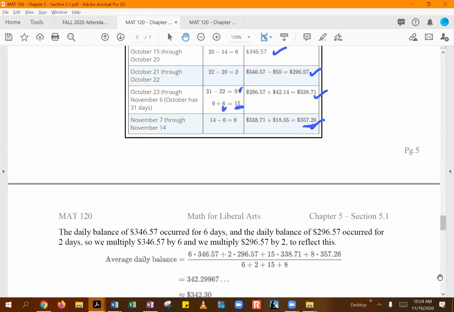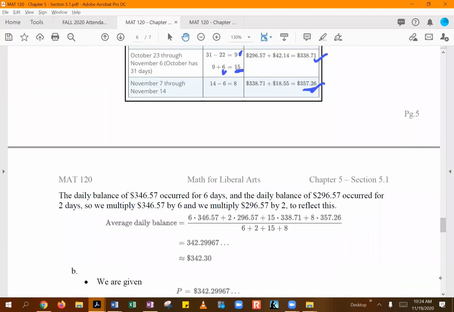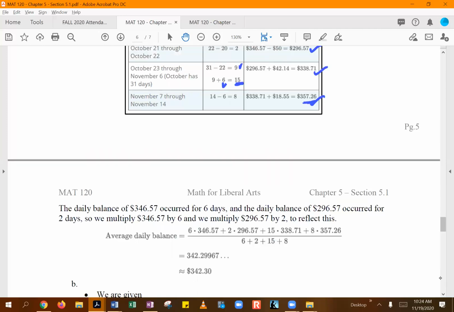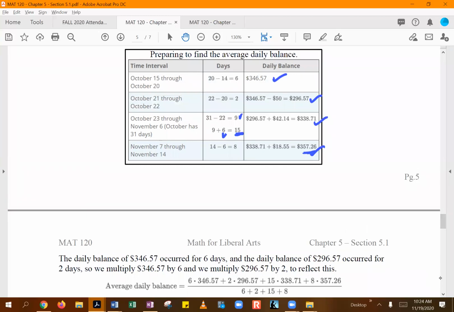Once we have this table completed, we do our weighted average. If you remember, we talked about weighted means at the beginning of chapter 4. Now we take the daily balance dollar amount and multiply it by the number of days. We take $346.57, which stayed for 6 days, so we multiply by 6.